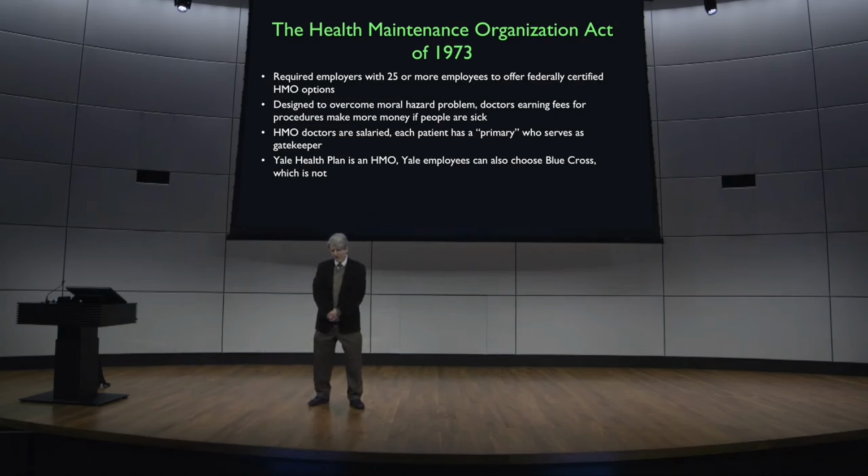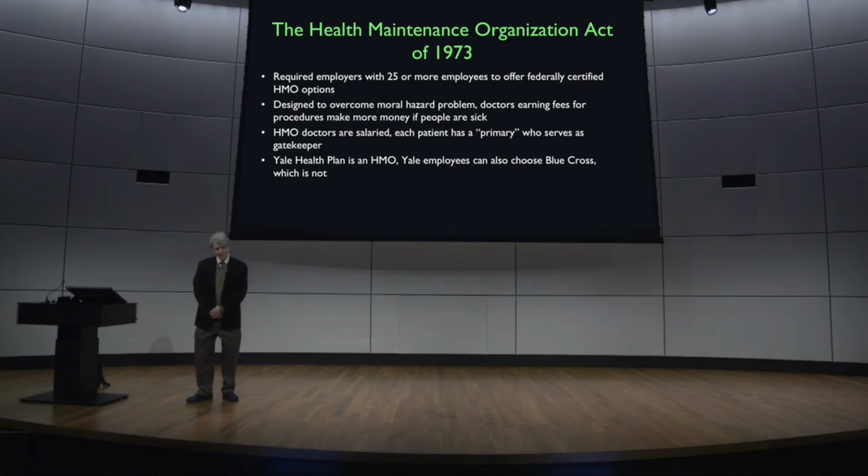So this is what Yale Health Plan, which was a pioneer, it was one of the first HMOs. What they do, I think you've been there, right? They assign to you a primary, which is the gatekeeper for you. And they encourage you to come in for any minor thing, which might reveal a more serious problem.